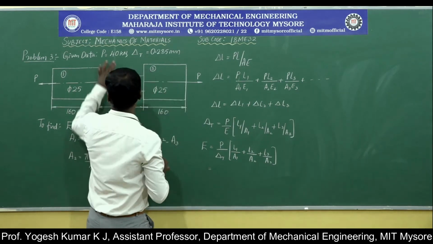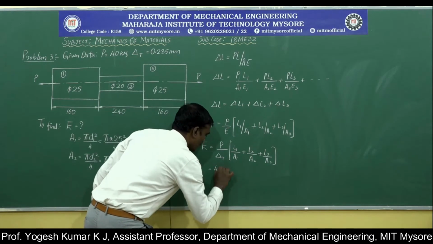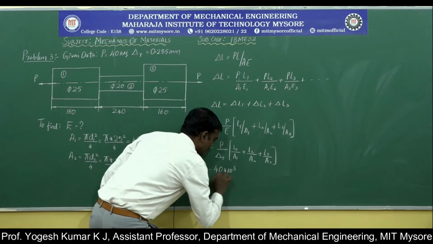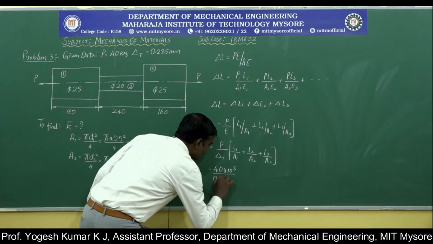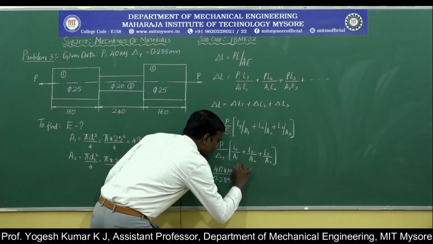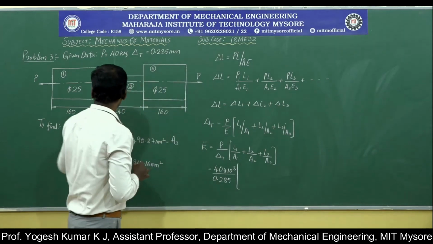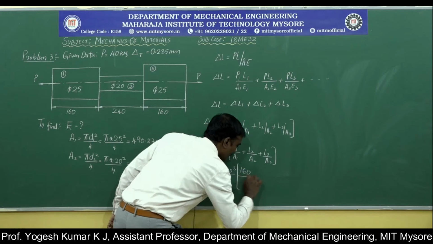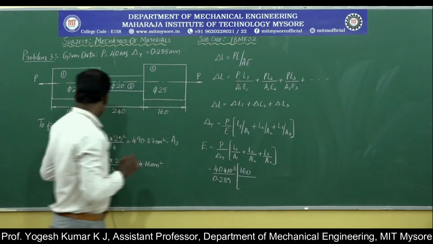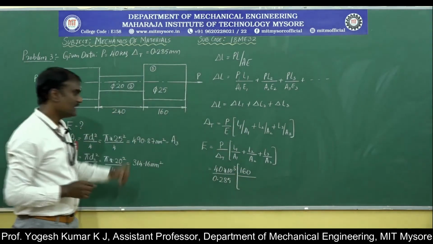The load acting on the member is 40 kilonewton. Total extension observed is 0.285 mm. What is the length of the first section? 160 mm. What is the initial area of the first section? 490.87.